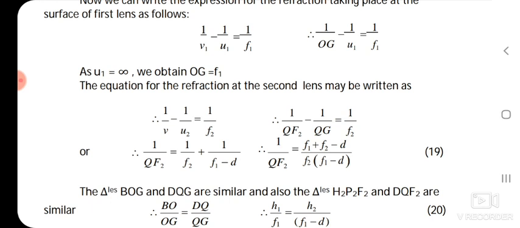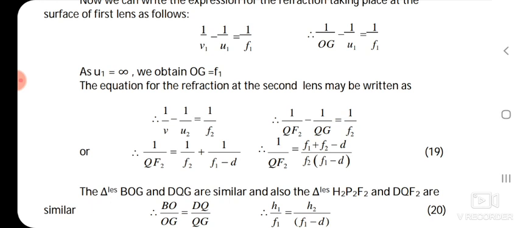If we rearrange this equation, we get 1 by QF2 is equal to 1 by f2 plus 1 by (f1 minus d).